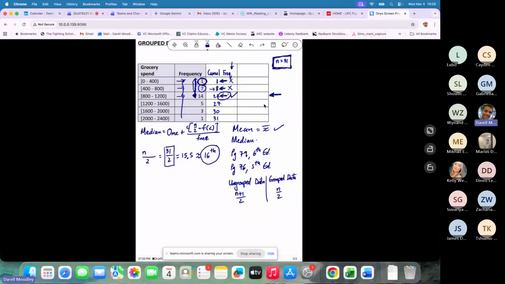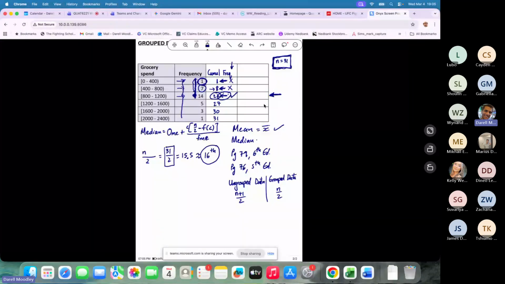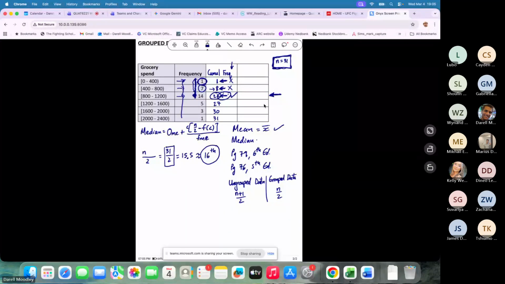And then if you get to the third column, that's where you can have the 16th customer because you got 22 customers already. So you would have exceeded that number, and the first number that exceeds 16, that would be the interval. So this is our median interval. I'm going to circle it because pretty much all the values we need for our formula depend on that interval.